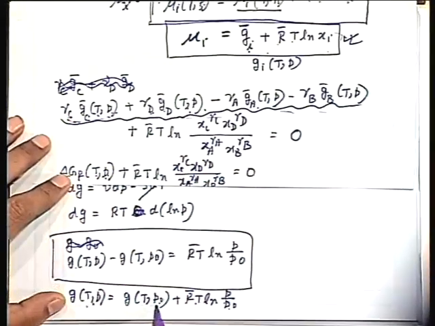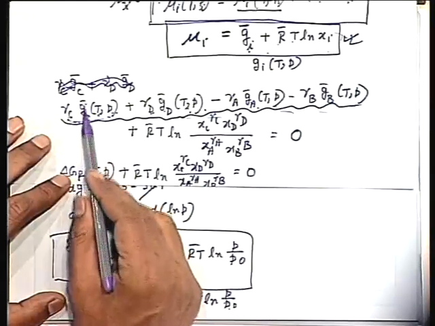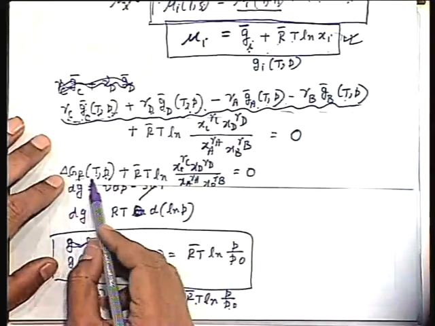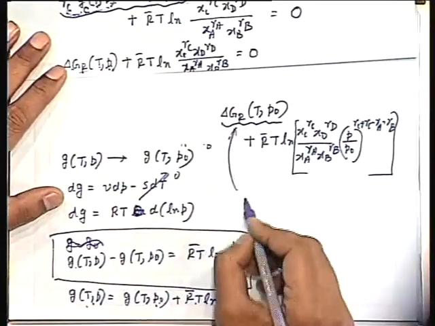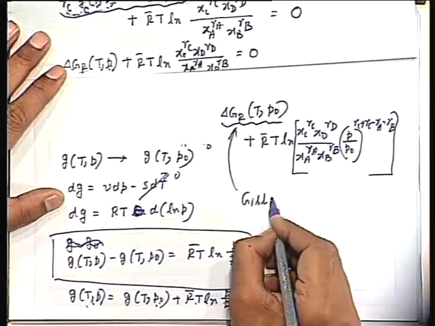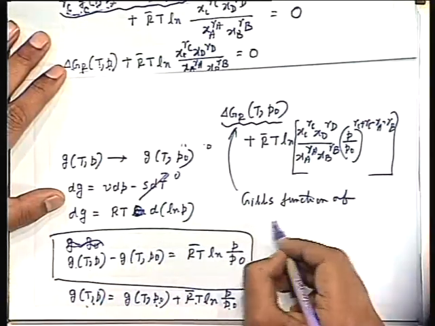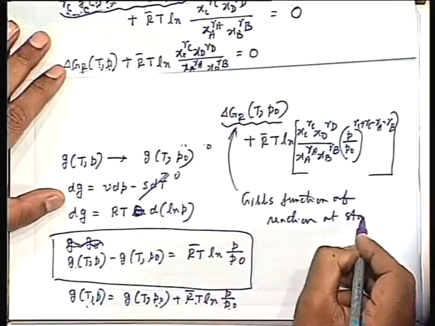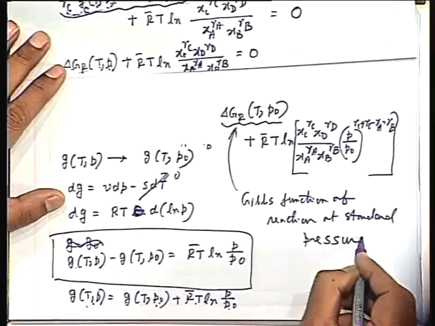Now I express this, that means this will be gamma G_C bar, that is molar, at T,P0, which is defined as delta G_R at T,P0, which is the Gibbs function of reaction at standard state, at standard pressure.